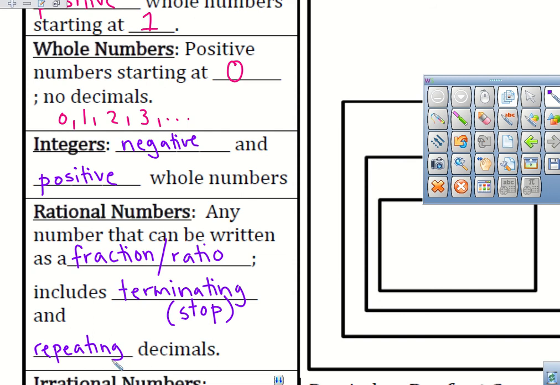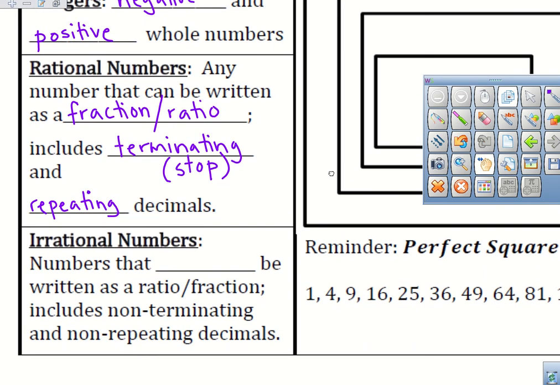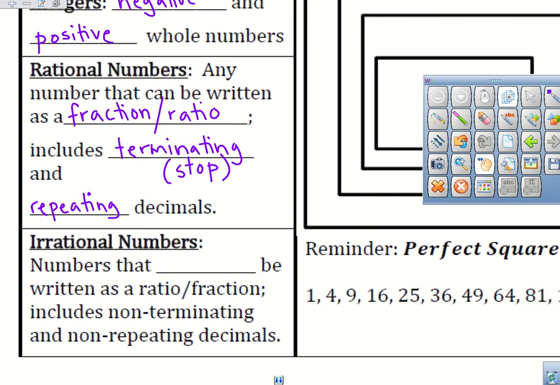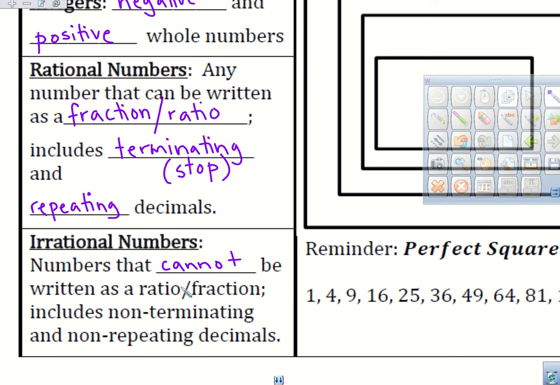So decimals that stop and decimals that go on and on forever. Anytime you see a fraction, that's a rational number. Decimals that stop and repeat are also rational numbers. Last but not least, irrational numbers. Numbers that cannot be written as a ratio or fraction, includes non-terminating and non-repeating decimals.